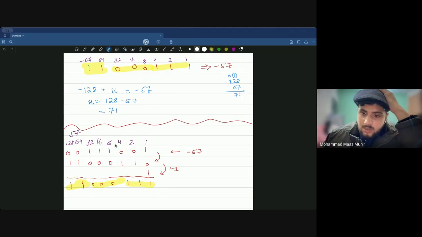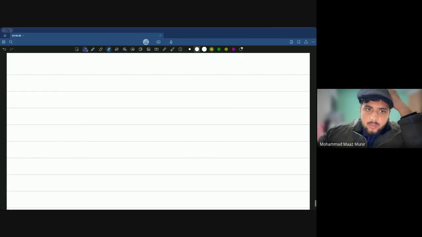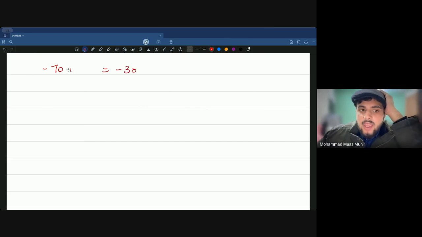Now before, what's the point of finding x? Okay, good question. So Zulkarnain, you tell me one thing, if I have a negative number, let's say I have some value negative 70, and I need to get the answer as negative 30, what will I be adding up here? What do you think I will do? What will I be adding up here?